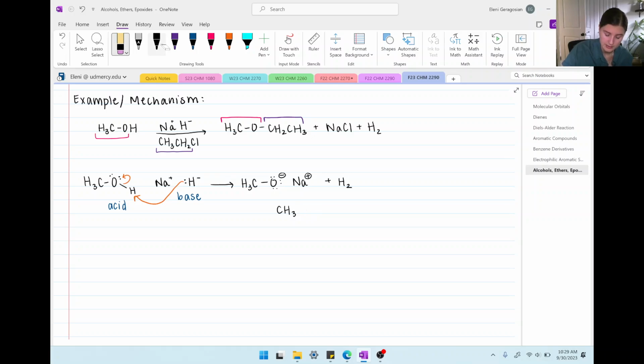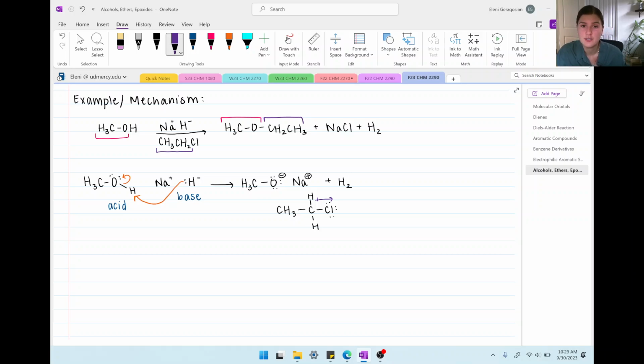I'm going to emphasize these carbon bonds. Now you might remember from Organic Chemistry 1, when we have an alkyl halide, so in this case the chloroethane, that chlorine to carbon bond is a polar bond that pulls electron density away from this carbon.